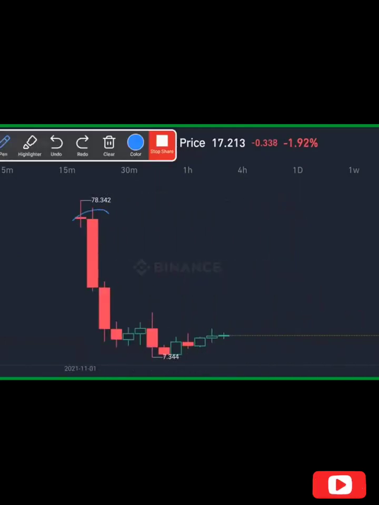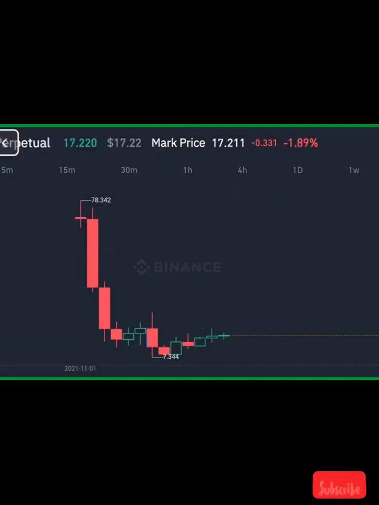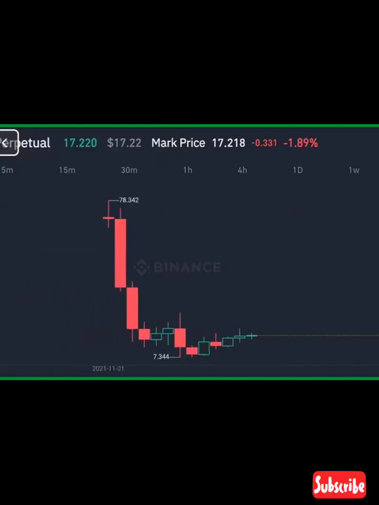Look at this long Marubozu or big candle. Very long. And look at dojis here. Look at the hammer here, this guy here. So these are just the representation of this guy.